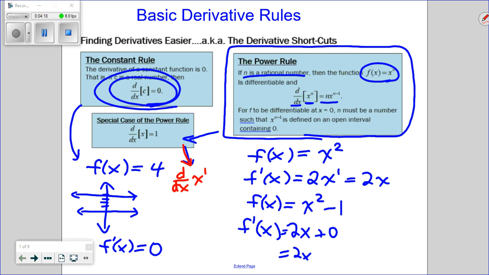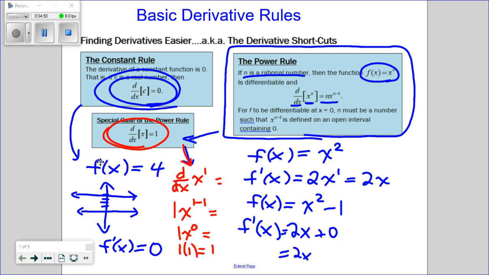So if we use our power rule, that would equal, we're going to bring the 1 down in front, 1 times x to the 1 minus 1 power, which would end up equaling 1 times x to the 0 power. And then if you think back to properties of exponents, any base raised to the 0 power is equal to 1, so that becomes 1 times 1, which equals 1. So anyway, long story short, if you're finding the derivative of x, it will always equal 1.